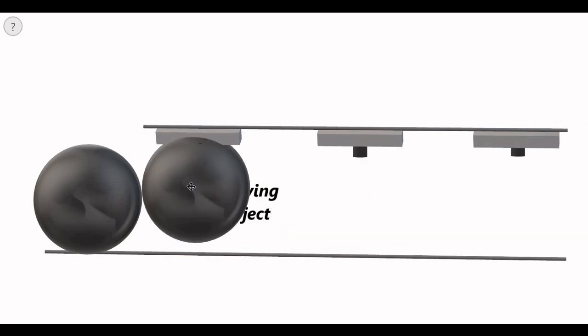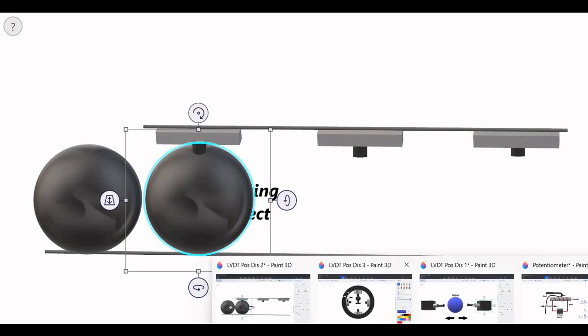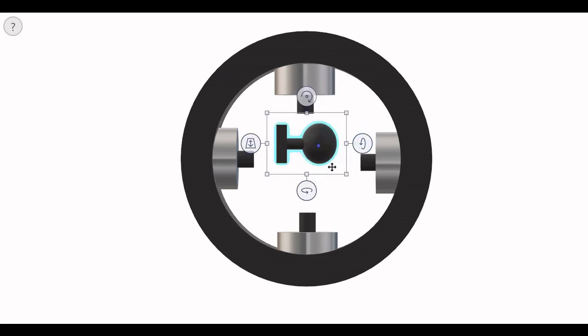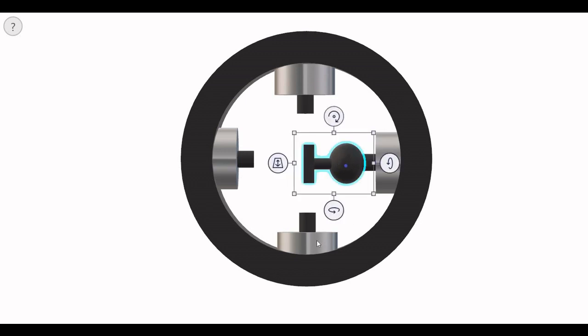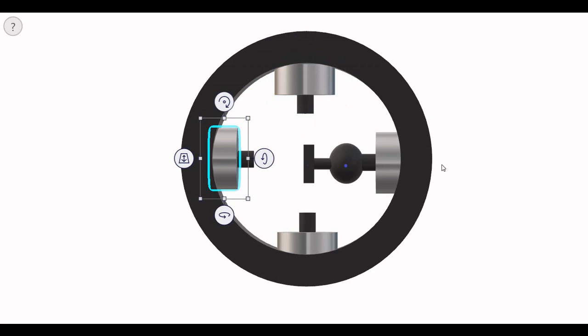So this is the continuous position and displacement tracking, and then we have the rotational angular displacement or angular position measurement. Here this is the rotating object, the angular position and displacement of which is to be measured. As it rotates and strikes the different sensors placed at different angular positions, like I mentioned, 0 degree, 90 degree, 180 degree, 270 degree, again 360 degree, the particular sensors are triggered.